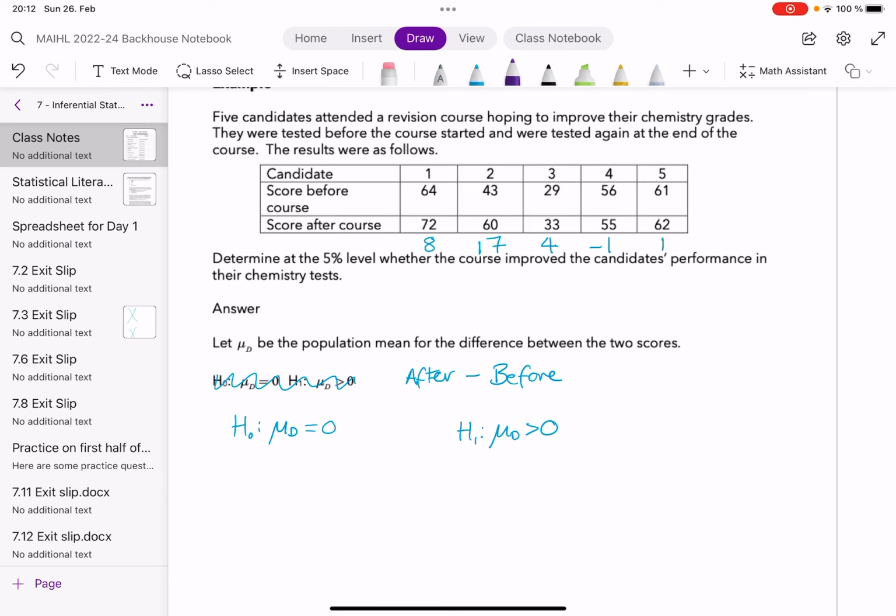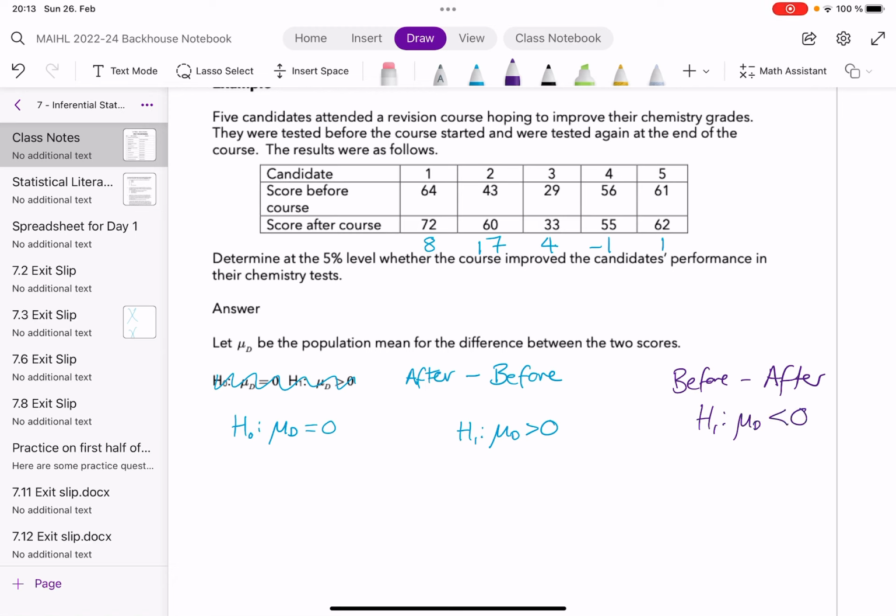If I had done this the other way around, if I'd done before minus after, and I'm looking for an improvement, I would be saying that I should be getting a negative result now. The score after the course is being subtracted from before the course. So it doesn't matter which way round you calculate it, as long as you are clear and you think about it.